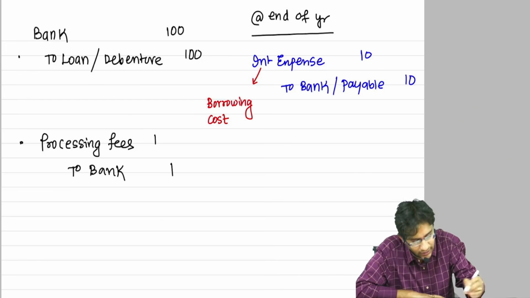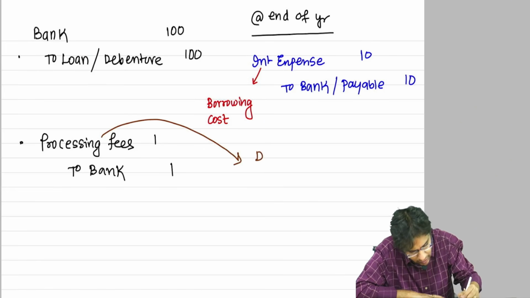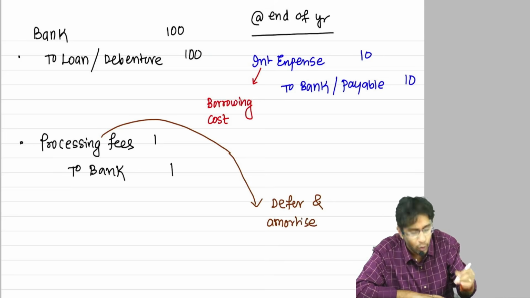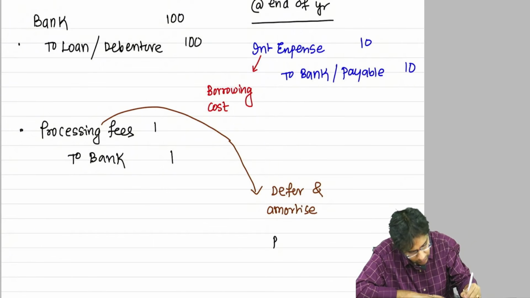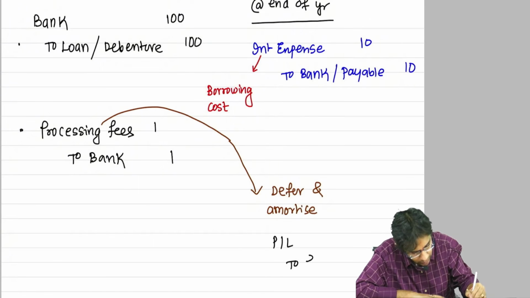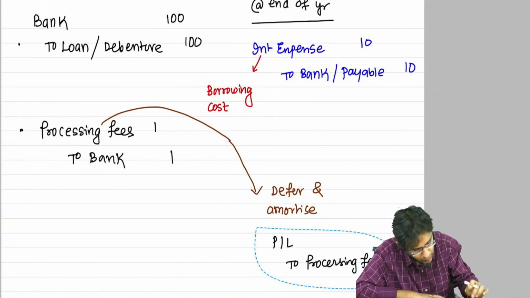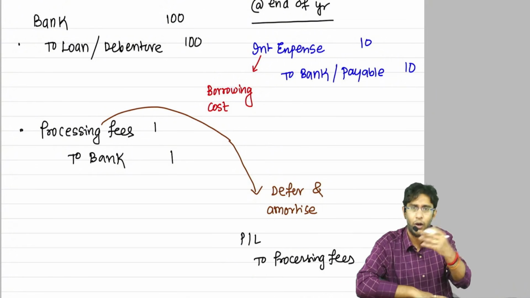So generally, the treatment for this will be defer and amortize. What is the meaning of this? Every year, out of this processing fees, some amount you will charge to P&L account over the period of the loan, 5 years.